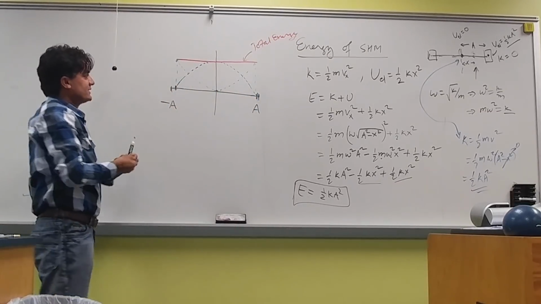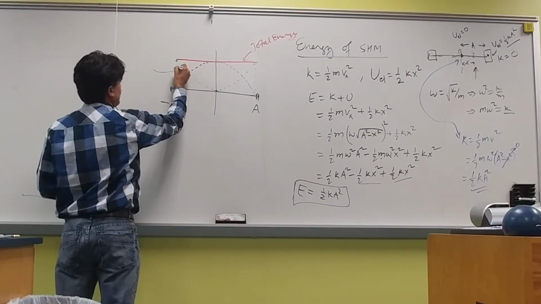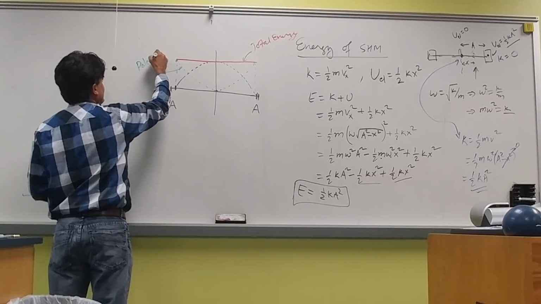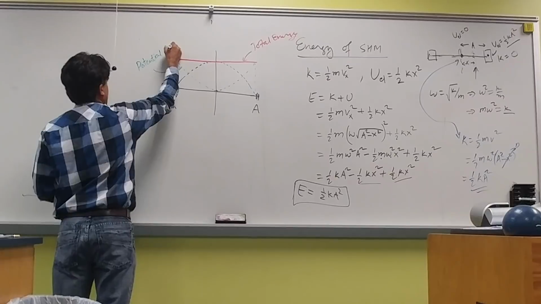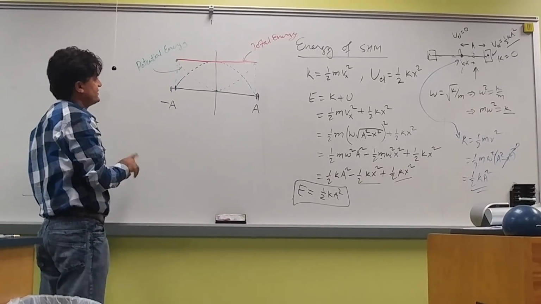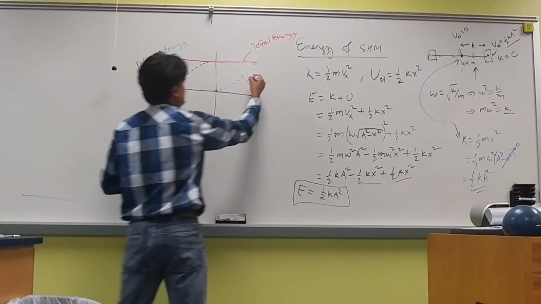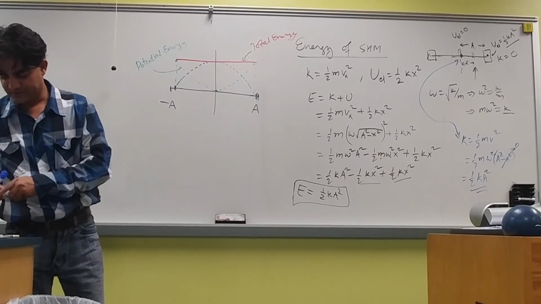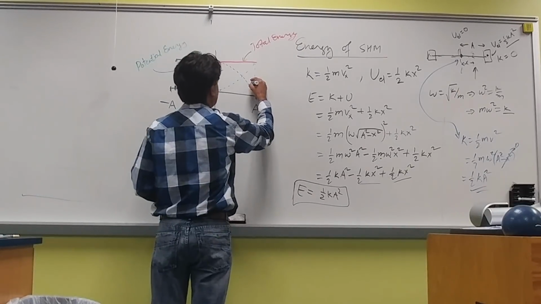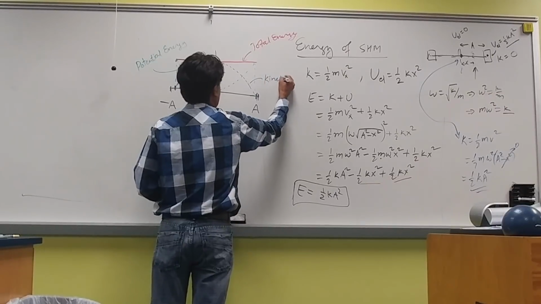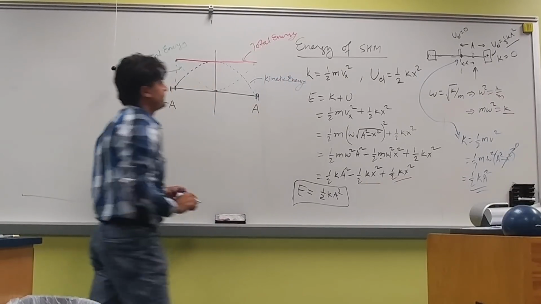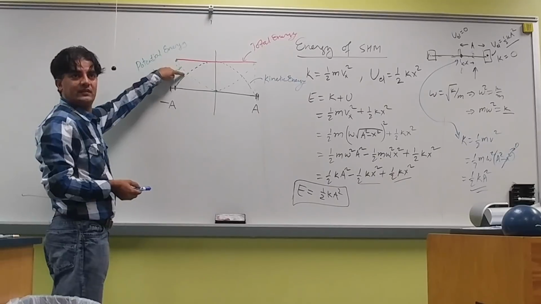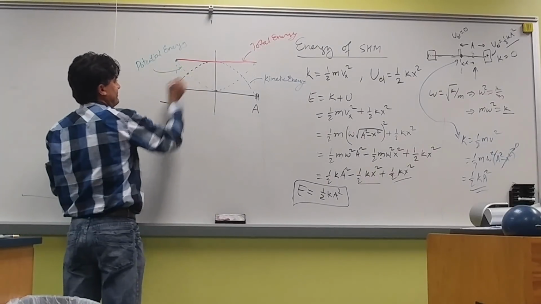This green is the elastic potential energy. And this blue is the kinetic energy. So when you look at this point, your kinetic and potential energy are the same.